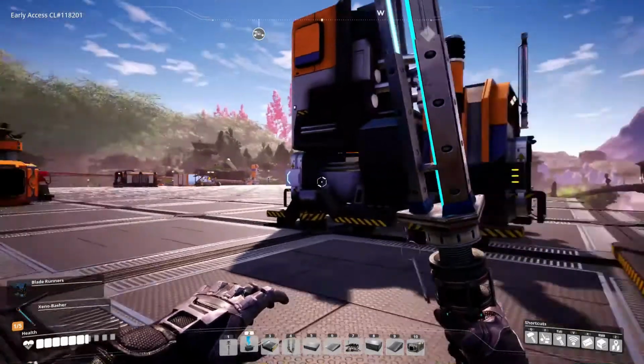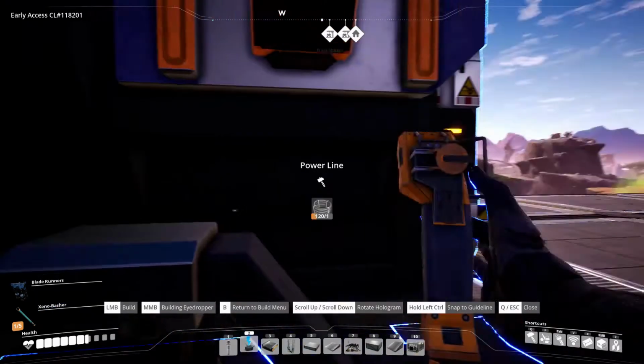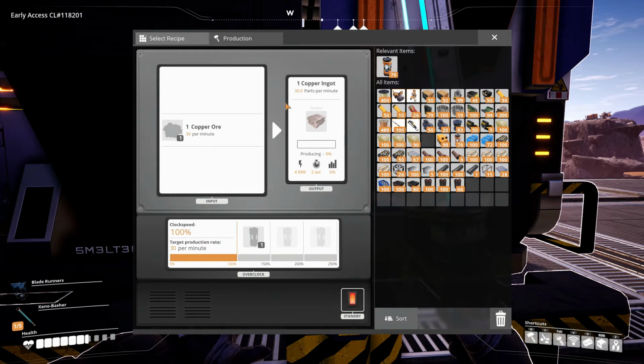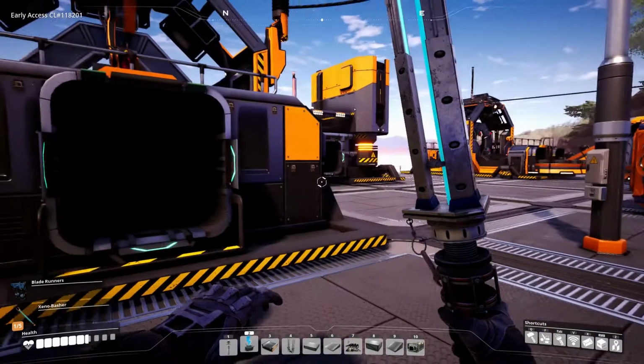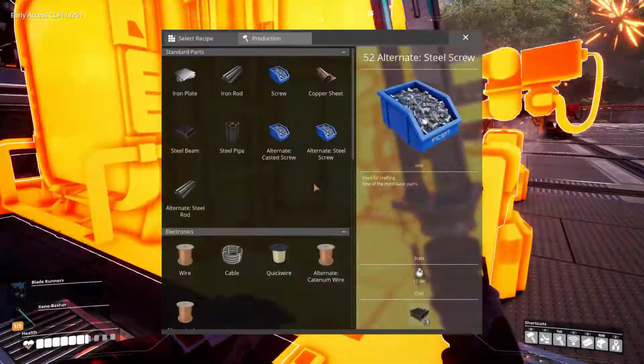Yeah, I'll just go through the copper ingot production. Was it 30? It's 1:1. So the sheet only takes, what was it? I'm using the standard recipe.